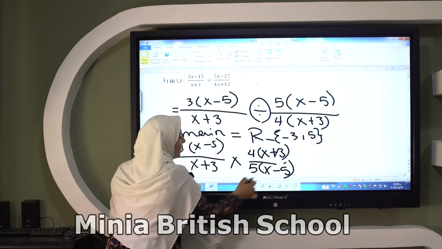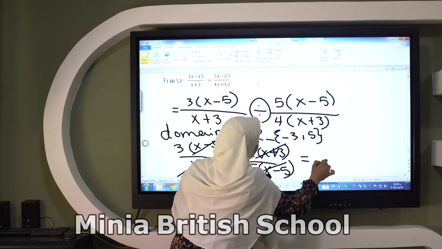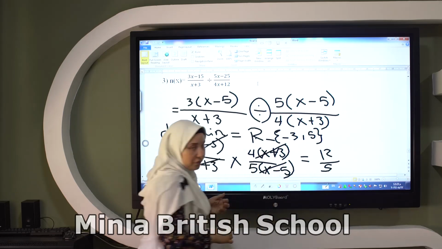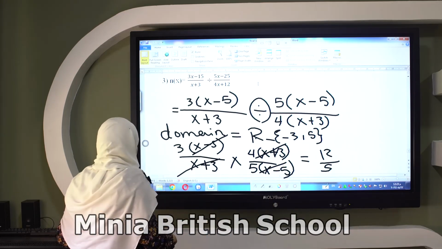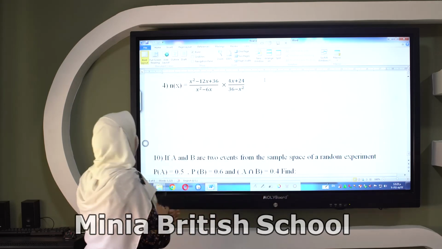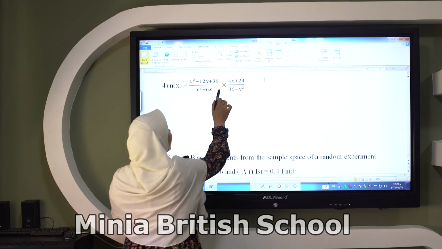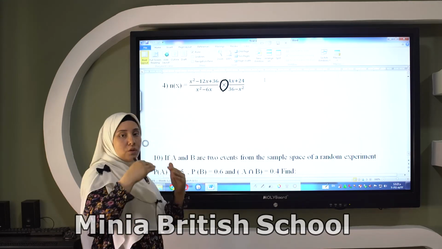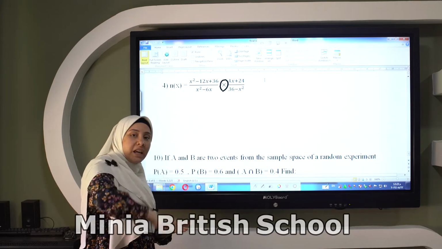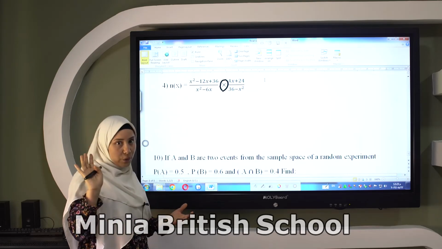Then simplify this bracket with this and this also with this. So the answer here is 12 over 5. Number 4, the same idea, but the sign here is times. You can make the same steps as in the previous questions.